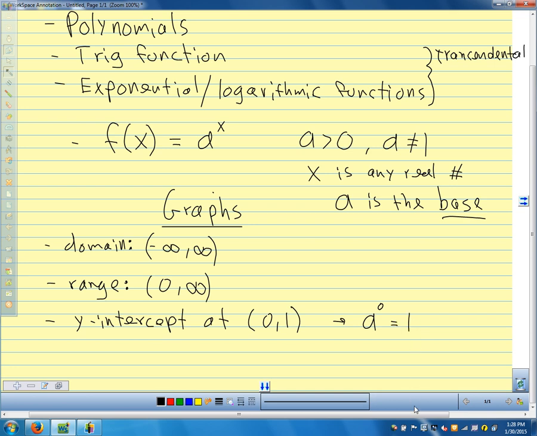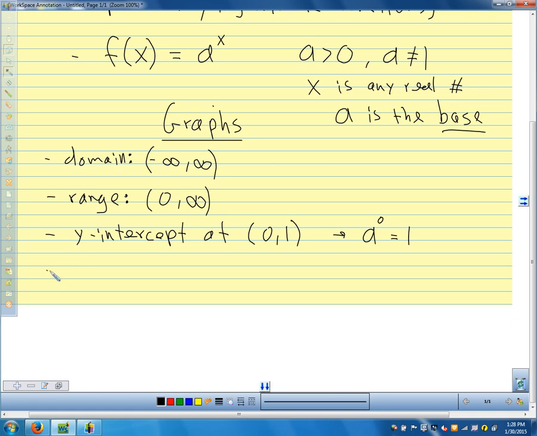So they always cross the y-axis at (0, 1). Exponential functions have a horizontal asymptote at y equals 0. So the x-axis is a horizontal asymptote for exponential functions.